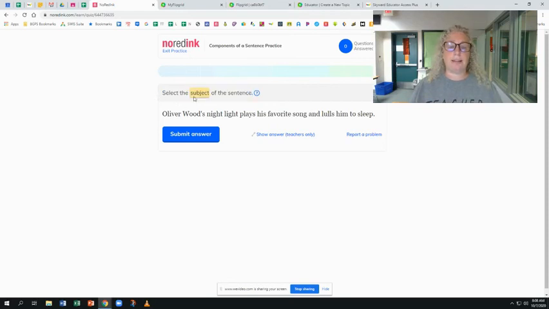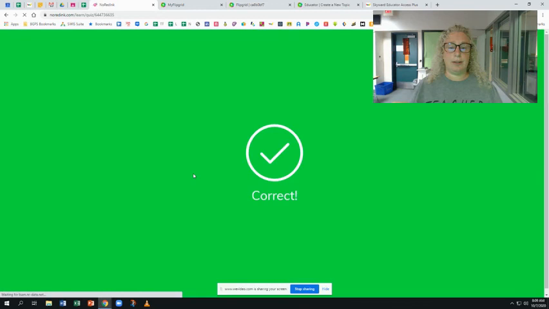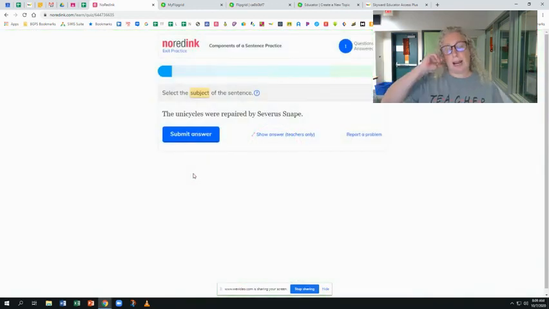So: select the subject of the sentence. Oliver Wood's night light plays his favorite song and lulls him to sleep. What's the verb? The verb is plays. What is playing? The nightlight is playing. Click on Oliver Wood's nightlight. Submit answer. And then it's going to tell you, yay, you got it right.